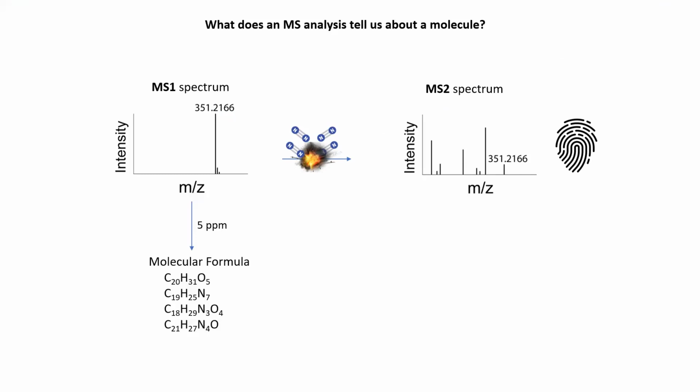What can we understand from the MS2 spectrum? Why do we do that? Connectivity, substructure, to confirm that, if it's untargeted, so you don't know anything about that metabolite.